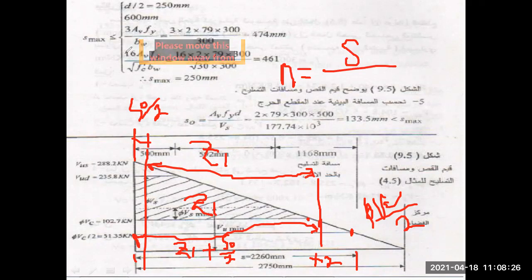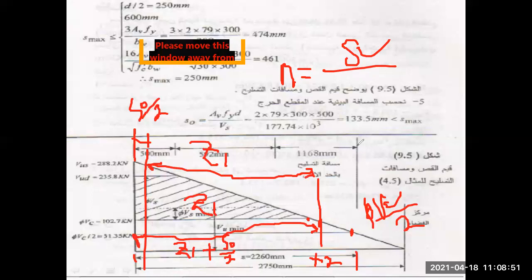So either D over 2, which likely is the governing one, or 600 millimeter, or 3 AvFy over b web, or 16 AvFy over root f sub c prime b web. You choose the least. That would be your spacing over the distance. This would be X2, this would be the actual zone that we have calculated.